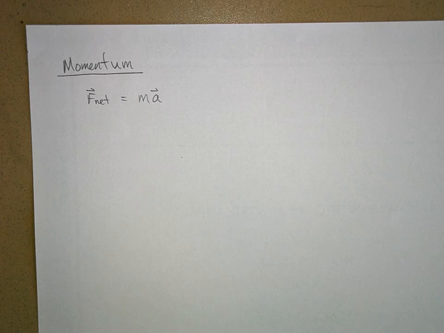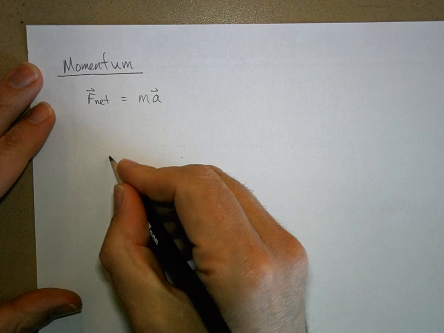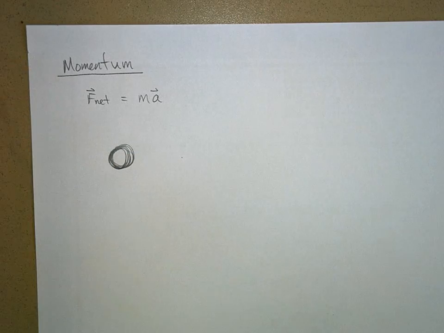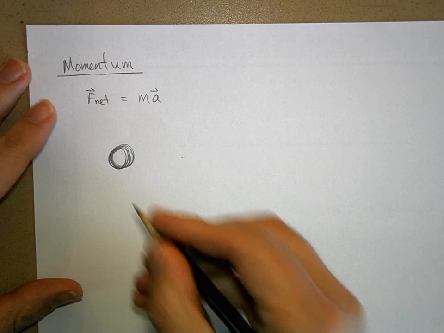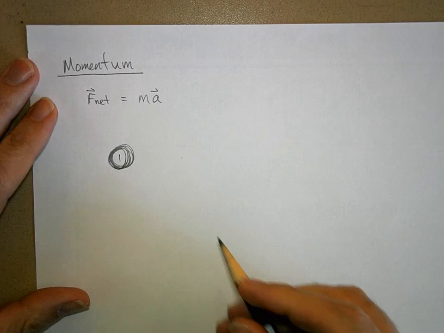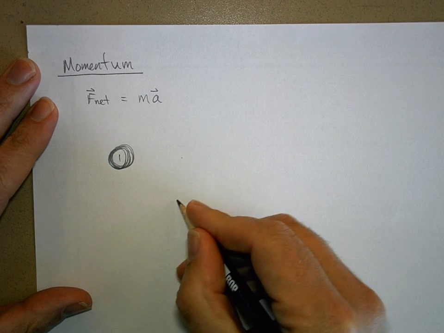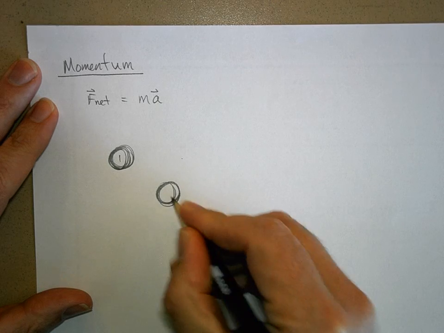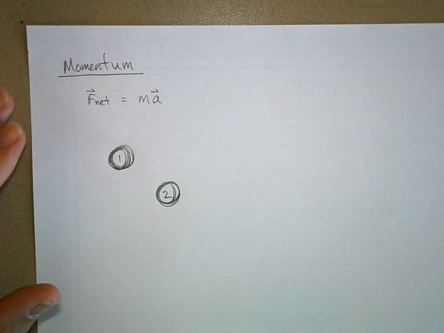Remember Newton's third law. Let's say I've got some kind of object in space. This could be a planet, or an atom, or a galaxy, doesn't matter. Some object that's moving and has mass. And here's another object, object 2.